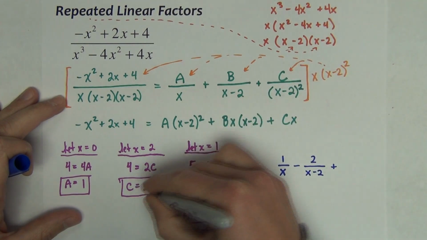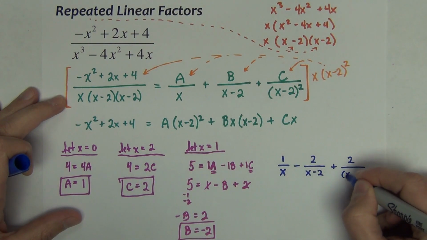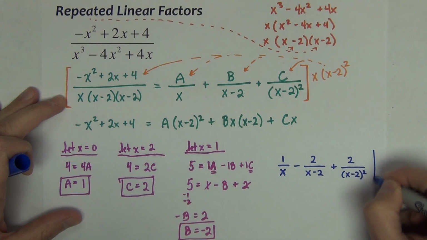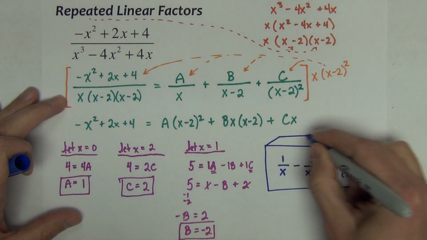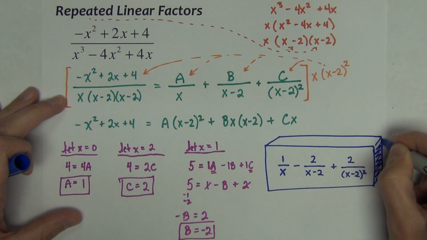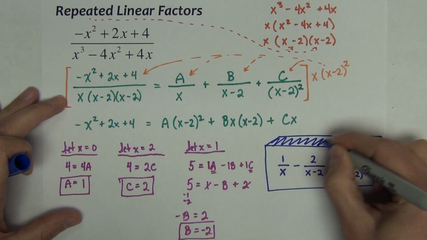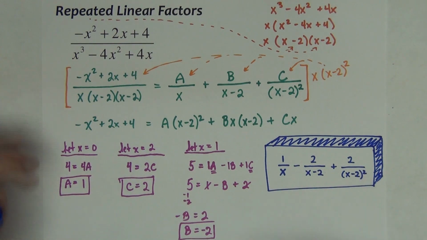Plus the C goes over the X minus 2 squared, so that's 2 over X minus 2 squared. And why not? Let's throw this nice spiffy little box there. Okay, there's our partial fraction decomposition where we have repeated linear factors.